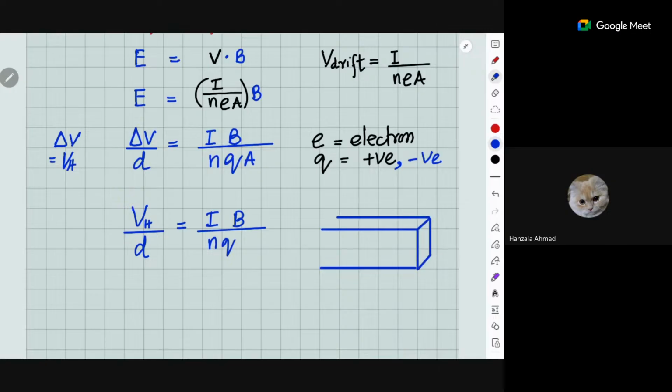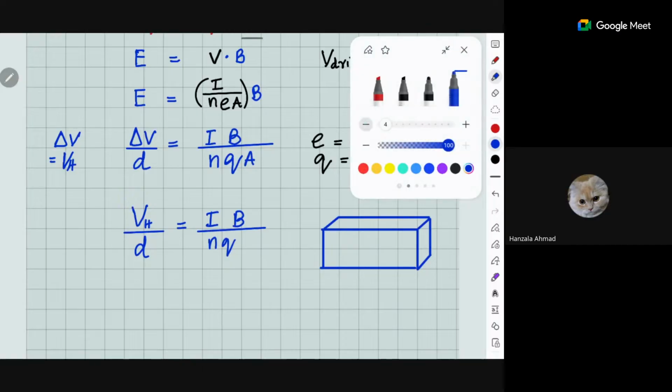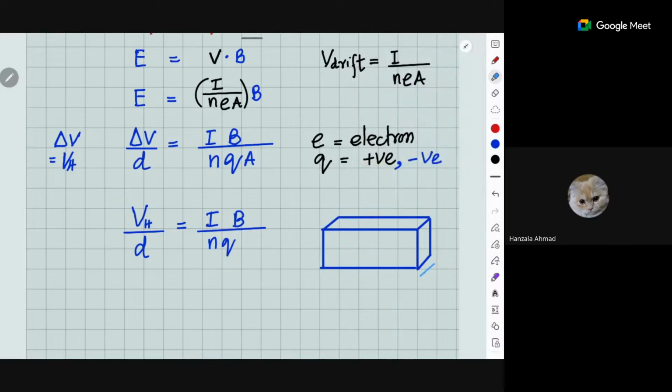If the magnetic field is parallel to this area, this is the length of this slice.